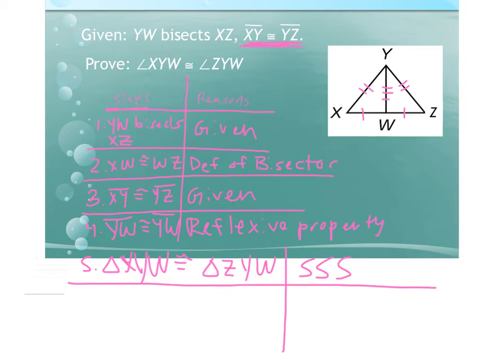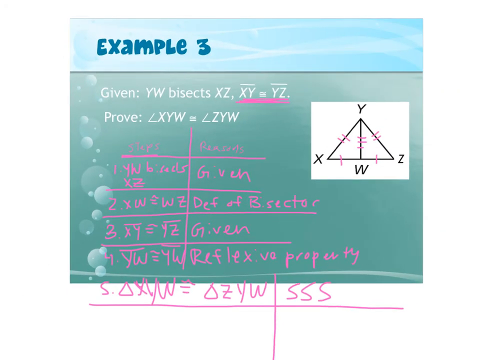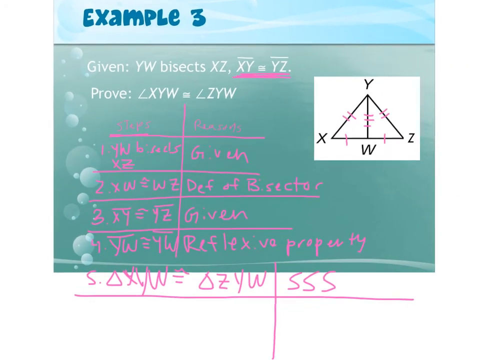So let's go back to what we're trying to prove: that angle XYW is congruent to angle ZYW. How do we know now that those 2 angles are congruent? Well, we know that the triangles are congruent. What's this lesson called? Triangle congruence, CPCTC. So corresponding parts of congruent triangles are congruent. Angle XYW corresponds to angle ZYW.